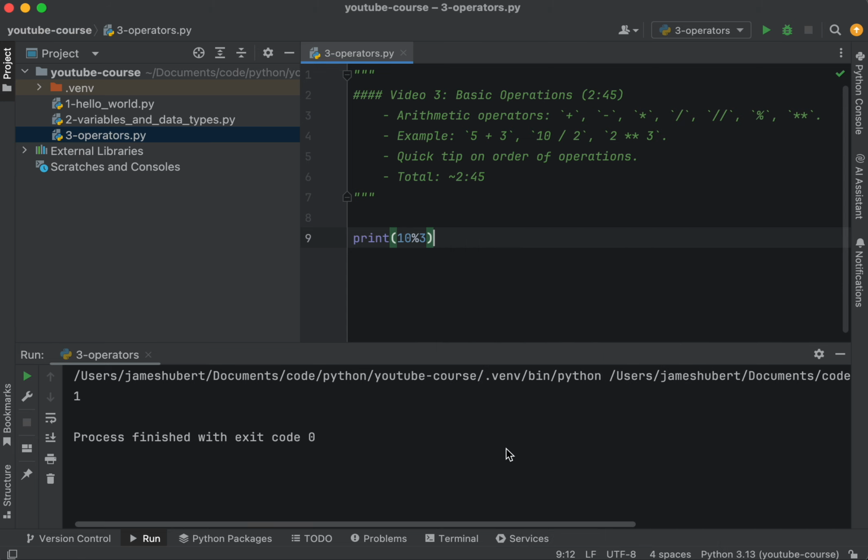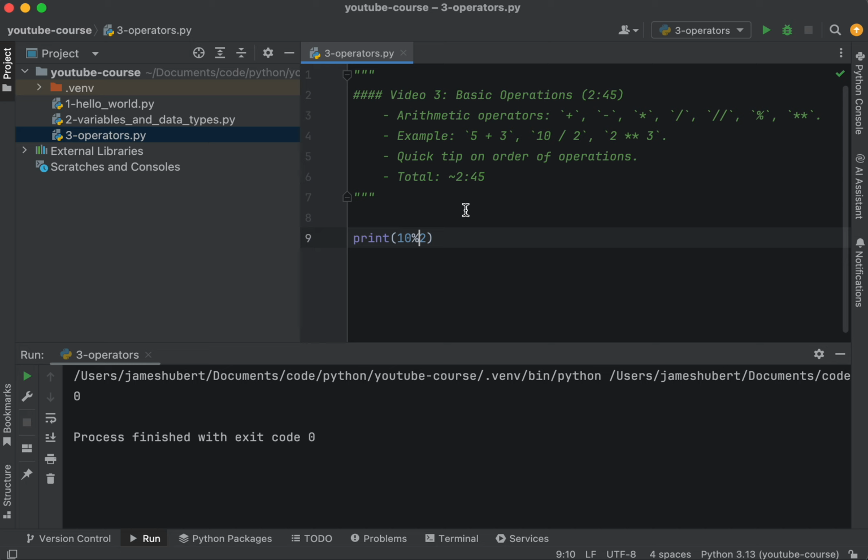So the modulus will actually return just the remainder. And this is often used for determining whether something is even or odd. If we modulus 2, we can always determine if something is even, because 2 is always going to go into an even number an even number of times, and then it's going to return 0 as a remainder.